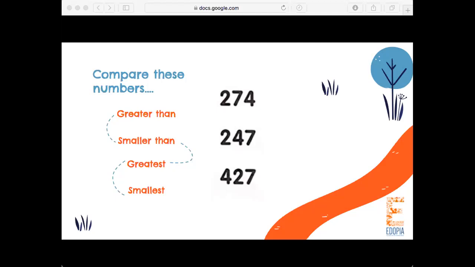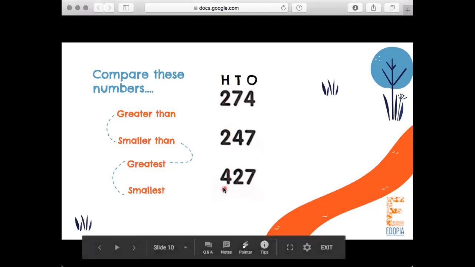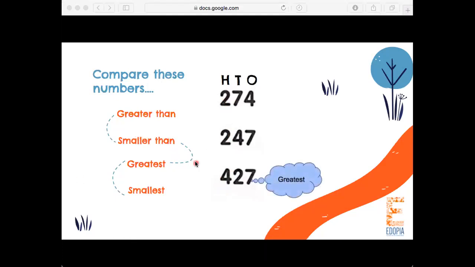We would begin by comparing the digits in the hundreds place. These digits are 2, 2, and 4. 4 being the greatest, we can easily say that 427 is the greatest number.